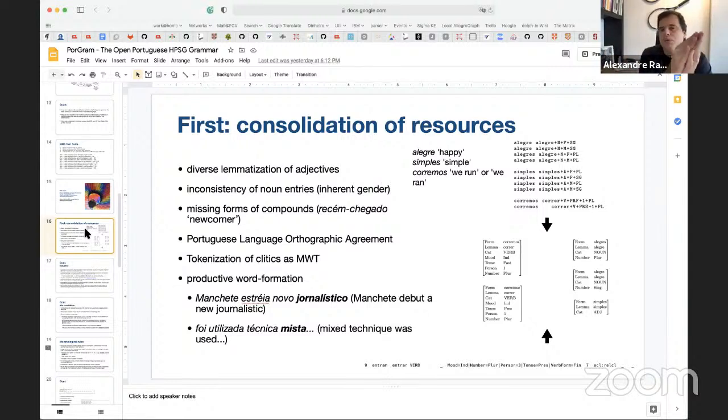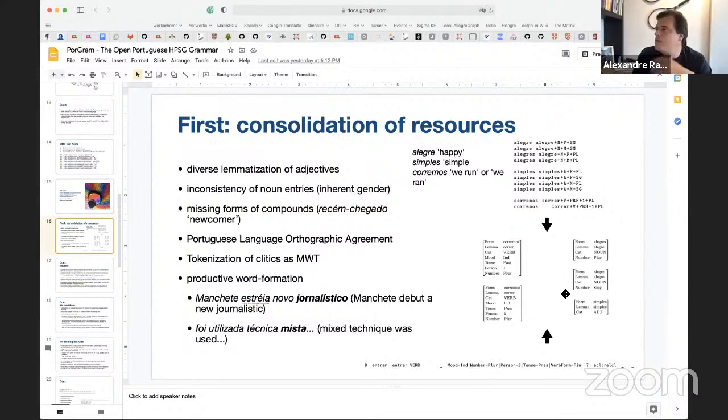So we transformed our full form lexicon into feature structures, and then we transform the tokens in UD also into feature structures, and then we can use unification to check whether we have a unification between the token and the entry in the lexicon. Whenever we don't have unification, we list all the failures in the unification.